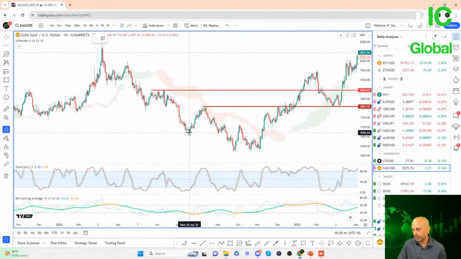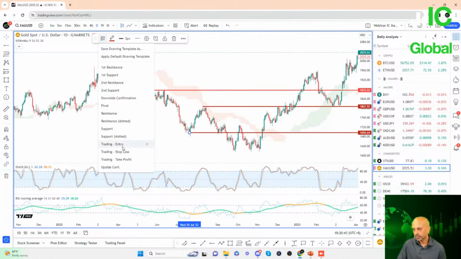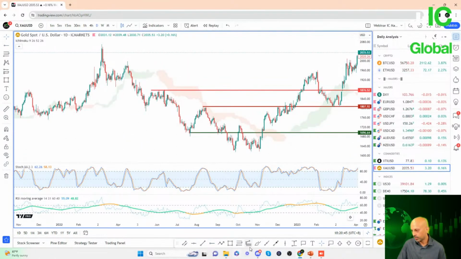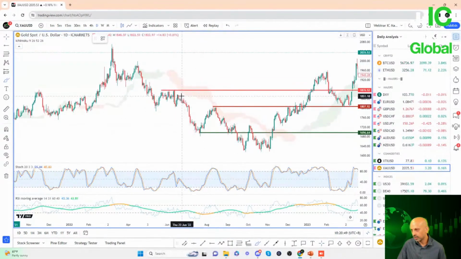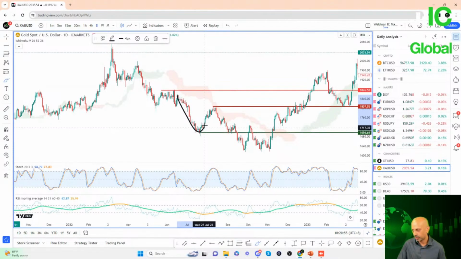As I mentioned, a previous support level here, right? Price making a pretty significant swing low bounce off 1,697 back in July of 2022 before going higher, right? So I would have used this support level here to identify a suitable take profit as prices were coming down.